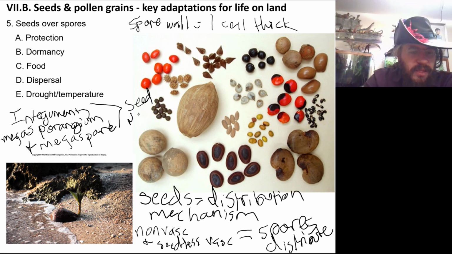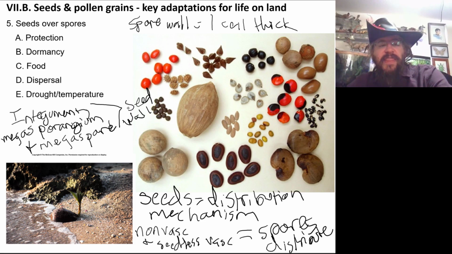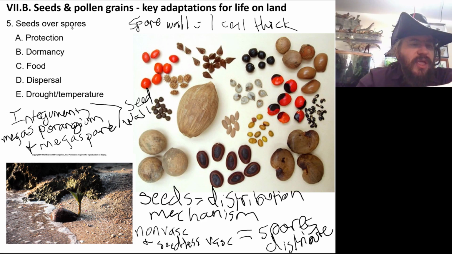Granted, when you get down to it, the integument is really doing the heavy lifting on that one. It's almost all integument, but still, what's left of the megasporangium and the megaspore also make up that extremely thick cell wall. So what you get is a very hard, thick seed coat.